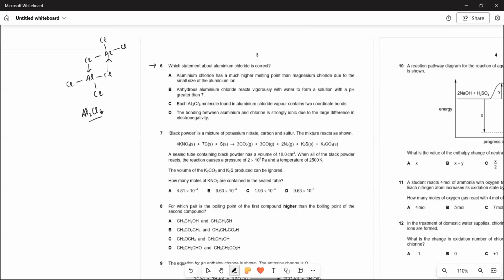They are saying aluminium chloride has a much higher melting point than magnesium chloride due to the small size of the aluminium ion. So what do you think? Here we are seeing that when we move from left to right in a period, the type of bonding shifts from ionic towards covalent. So the bonding in the case of magnesium chloride is more ionic as compared to aluminium chloride.